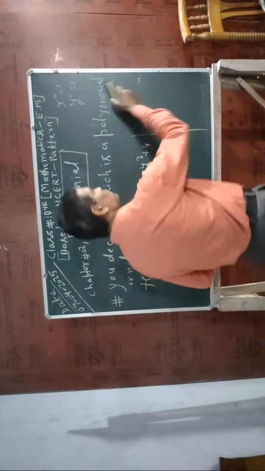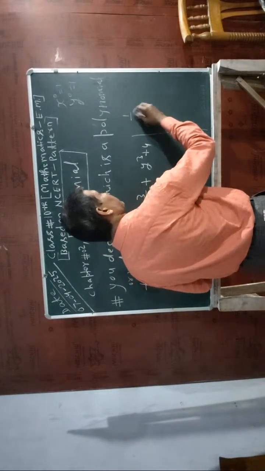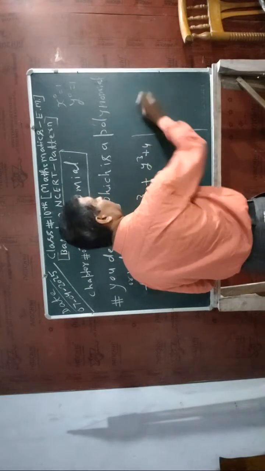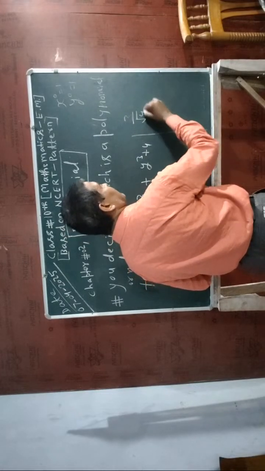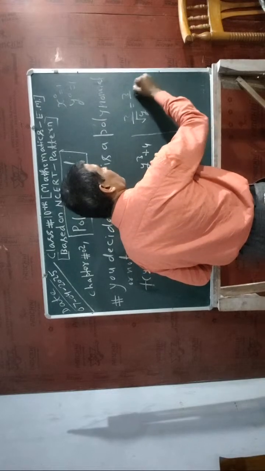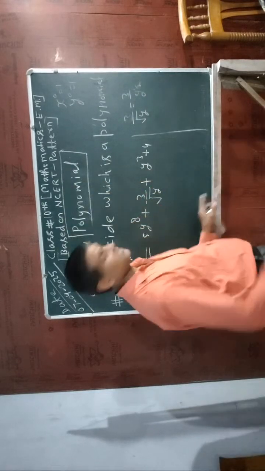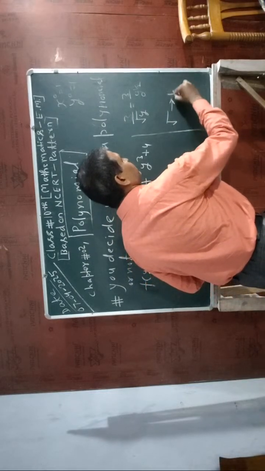Here I am going to write this. We have 3 divided by root y. I can write this as 3 divided by y to the power 1 by 2, because you know that root means the power 1 by 2.